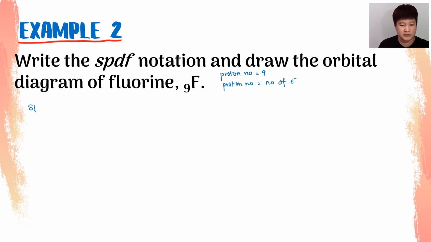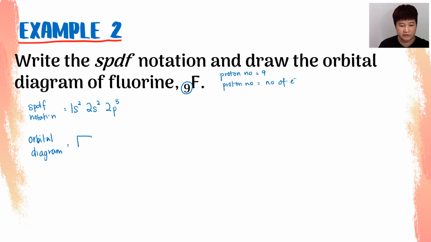So the SPDF notation will be 1s2, 2s2, 2p5. Why 2p5? Because it's only 9 electrons. So 2 plus 2, 4, plus 5, 9. And my orbital diagram will look something like this.